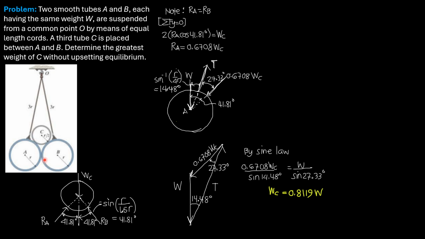So that we can compute the greatest weight of tube C. The idea or the analysis here is when the equilibrium is about to be destroyed, then there will be no contact, or if there is contact, that's just gentle contact between A and B. Or else, if there is still force of contact between A and B, the system will be still in equilibrium.